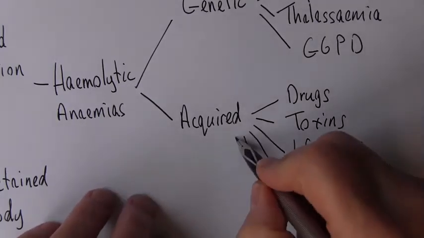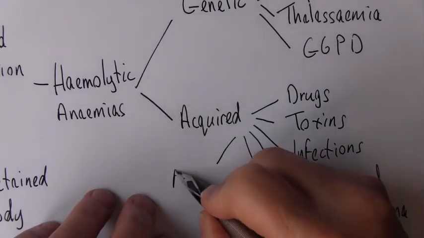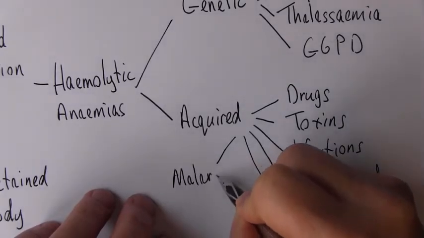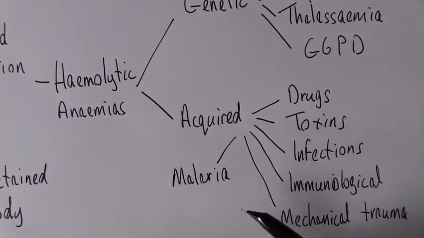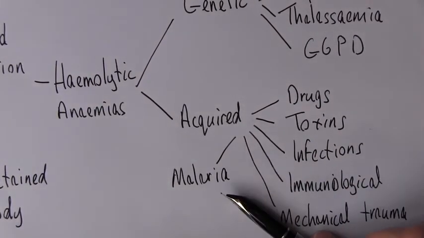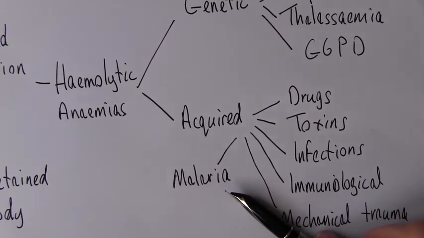And another one, unfortunately, is malaria. Such a scourge in many parts of the world. The plasmodium parasite lives inside the red blood cell, and that can lead to hemolysis.